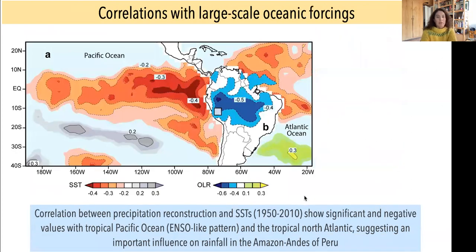The comparison of the reconstruction with large-scale climate grid data shows a significant and negative correlation with the tropical Pacific Ocean, the typical ENSO-like pattern, but a negative correlation was also found with the tropical North Atlantic, suggesting that there is important influence from both the Pacific and the Atlantic Oceans on rainfall variability over the tropical Andes of Peru.